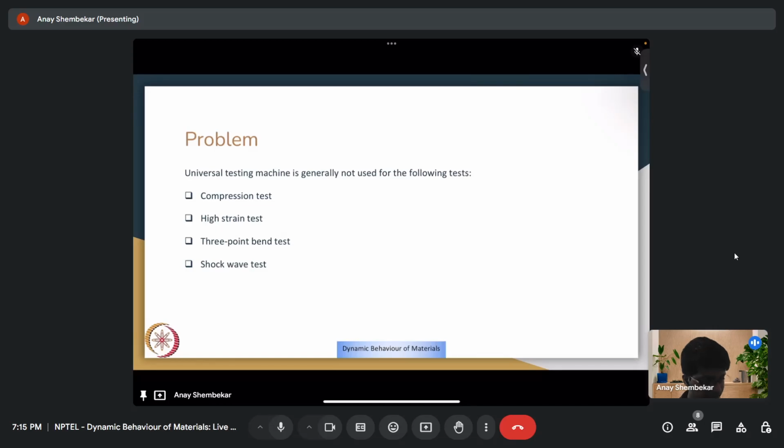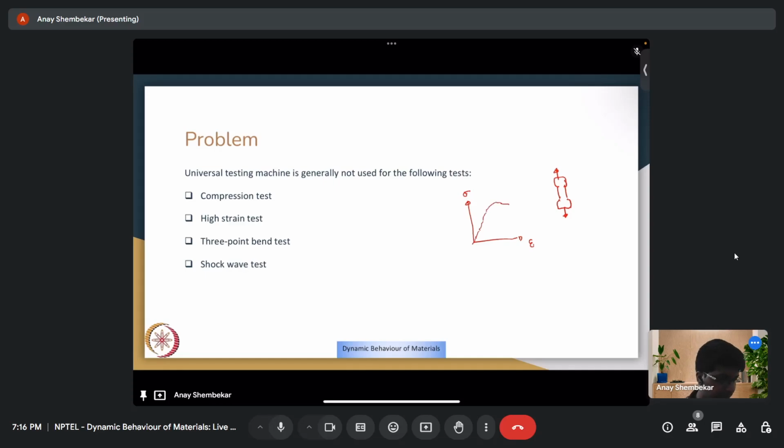To get a stress strain curve, you have a sample like this, clamp it on both ends, apply some displacement to the ends, and then measure the force. So you would get something like a stress strain curve.